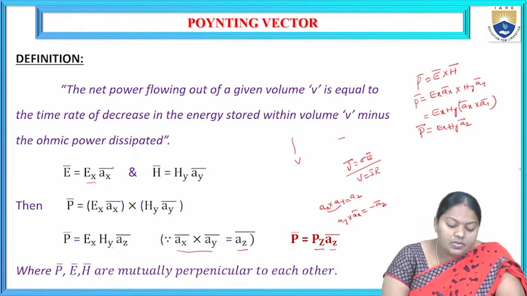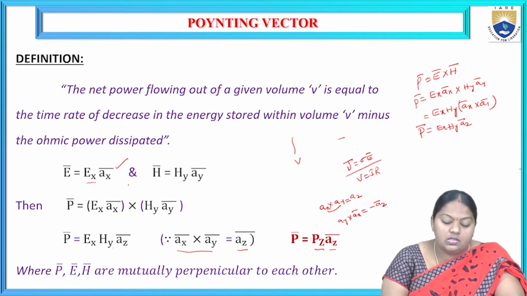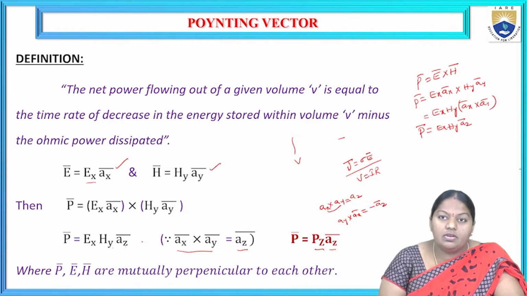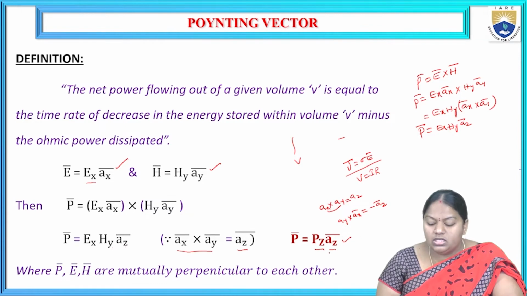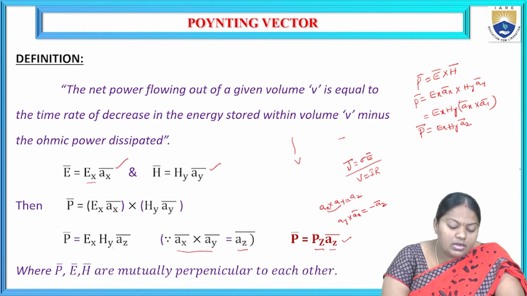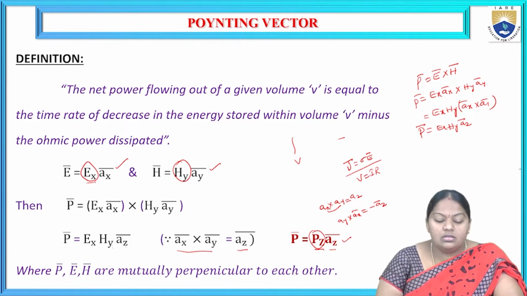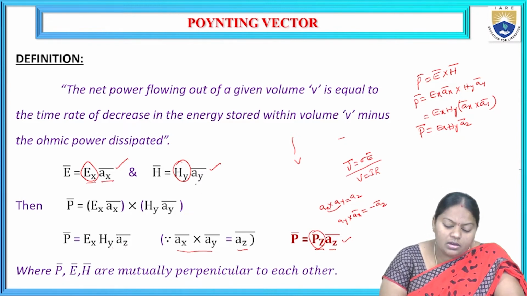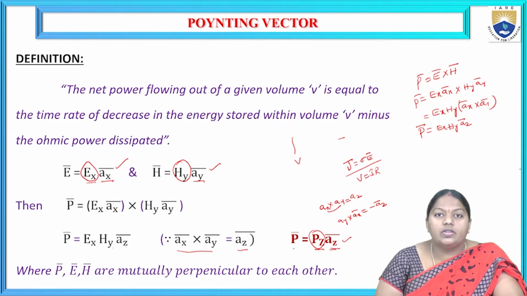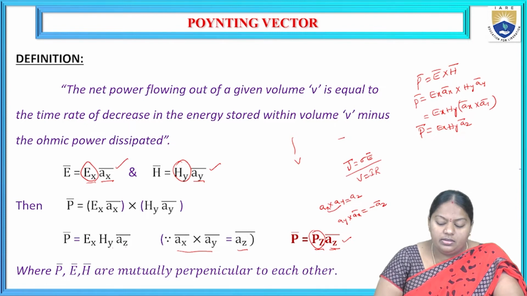Hence, E bar is given by Ex into Ax, H bar is given by Hy into Ay, and the resultant Poynting vector is expressed in terms of Z, that is Pz into Az, where Ex, Hy and Pz are the magnitudes in the X, Y, Z directions, and Ax bar, Ay bar and Az bar are the unit vectors in the respective directions of E, H, P as X, Y, Z.